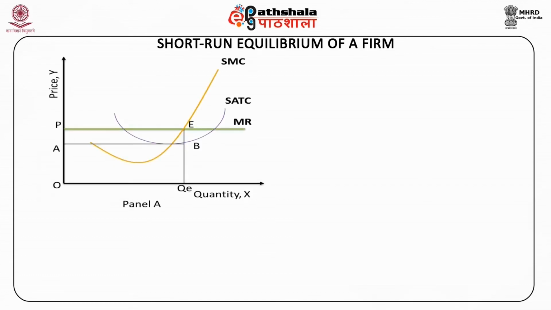In panel A, the SMC is the short-run marginal cost curve, and the horizontal marginal revenue curve represents the marginal revenue as well as the price level. If the short-run average cost curve, depicted by the SATC curve, falls below the price at equilibrium as shown in the figure, the firm earns excess profit equal to the area PABE.